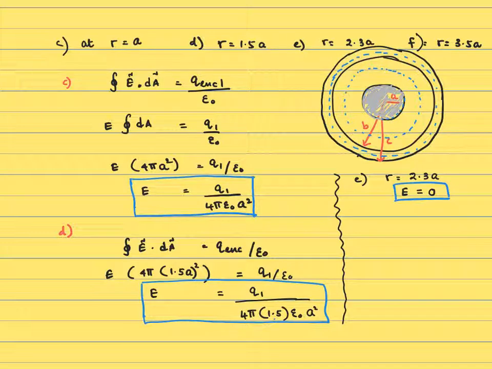And for part F, now we are looking at r equals 3.5a, and I'm going to draw my last Gaussian surface for this problem.